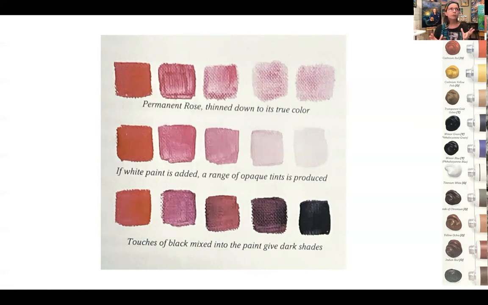There are some colors that are more opaque than others by nature, but mostly you're going to use titanium white, and that's an opaque color. So when you mix titanium white to your color, you're going to get shades in an opaque manner. And if you add touches of black, then you go into the shading to black.